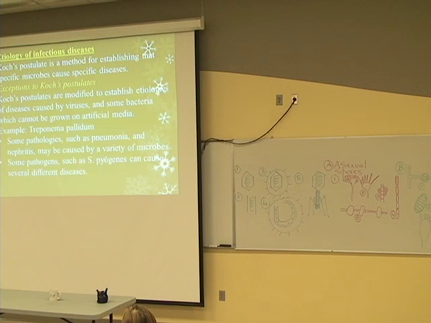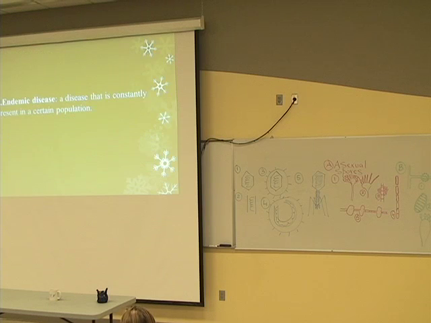Now we know that one organism, such as Streptococcus pyogenes, can cause several diseases. Name three diseases, please, that it causes. The most common are strep throat, rheumatic fever, and rheumatoid arthritis. It is the cell wall of this bacteria that induces rheumatoid arthritis. Strep throat, rheumatic fever, endocarditis, and arthritis.